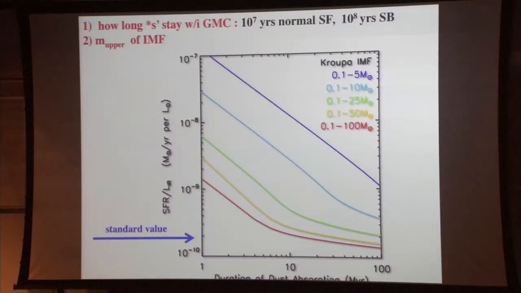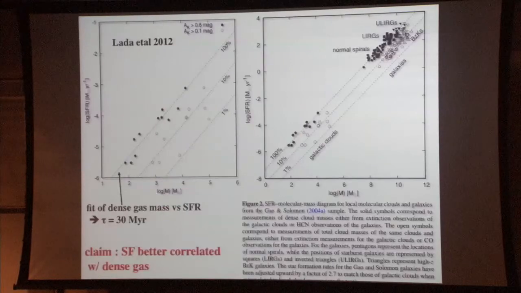That's intuitively very obvious, but even in the Lada study, it's a little surprising, because if I go back to this plot, if you read this figure caption, they've put nearby galactic clouds on the same scale as extragalactic whole galaxies, and they increased the star formation rate in the whole galaxies because they found that there was a disagreement between the star formation rates determined from YSOs and the infrared emission from the local clouds.